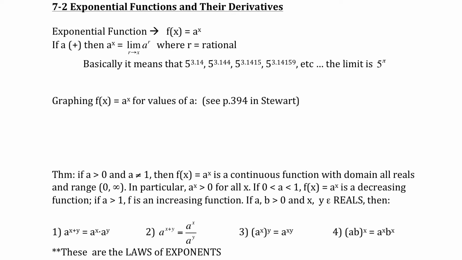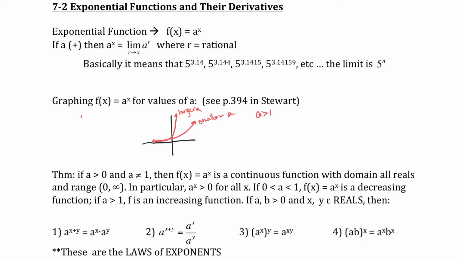So now if we take a look at this, and we are graphing f of x equals a to the x for different values of a, what you'll notice is as a gets to be larger, it will hug the axes a little bit more. So this is larger a, and then this is smaller a, meaning a is greater than 1.